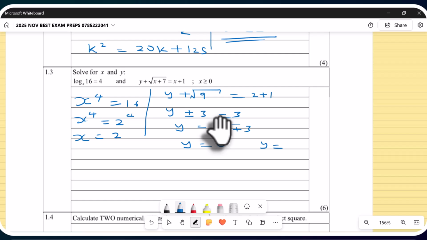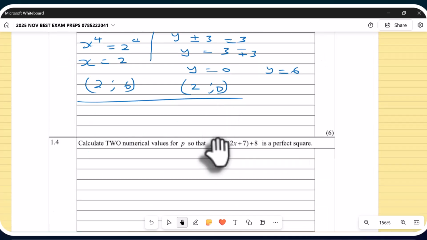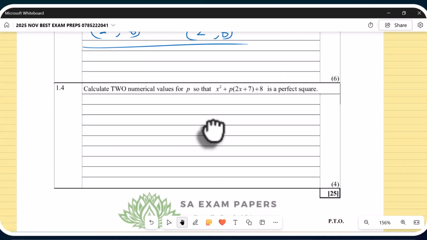So now this is 4p squared, minus 28p, minus 32 equals 0. Here, divide by 4. I get p squared minus 7p minus 8 equals 0.